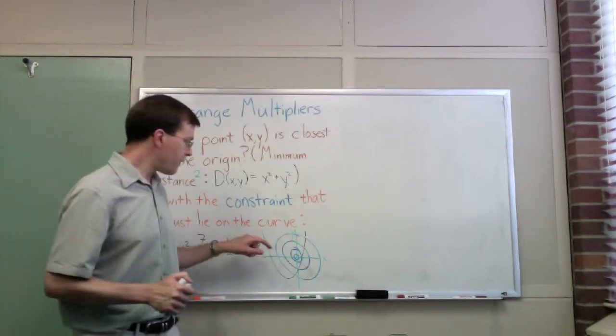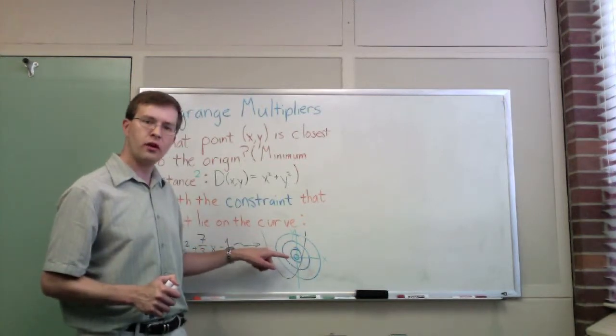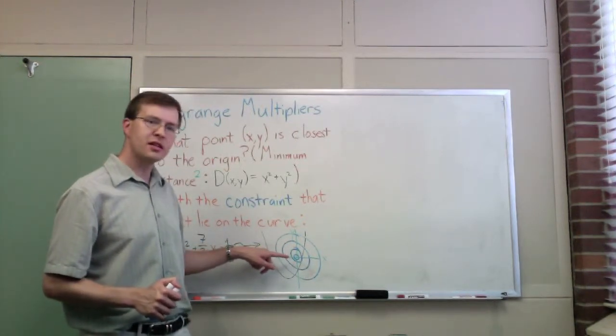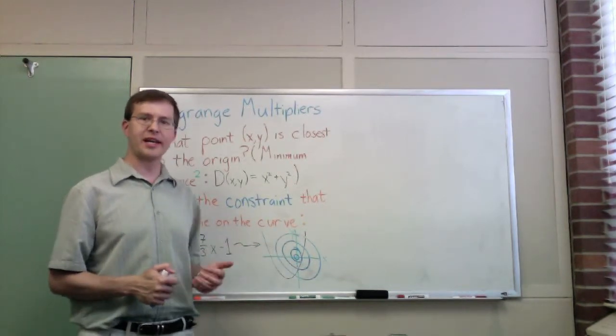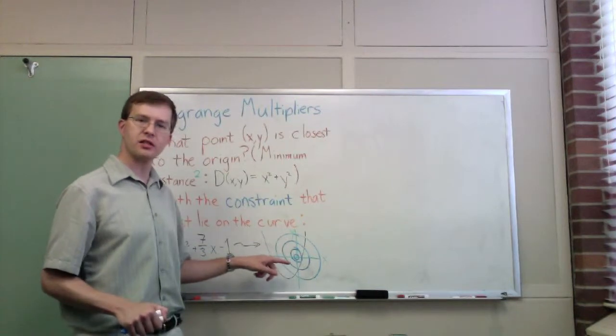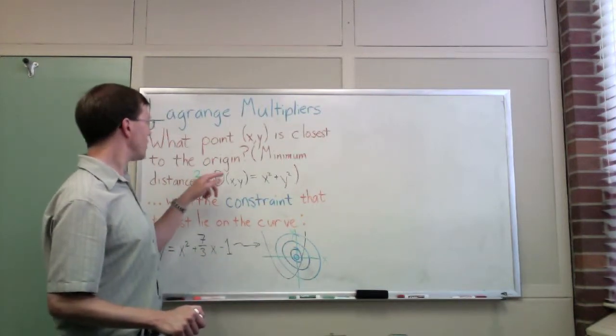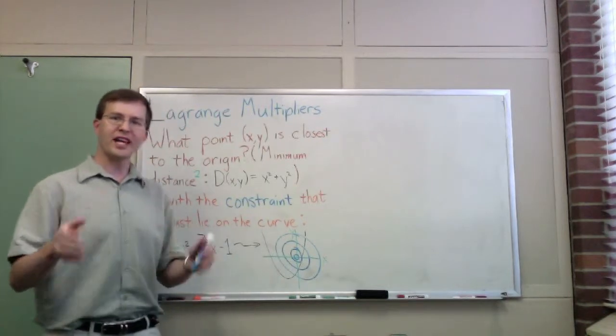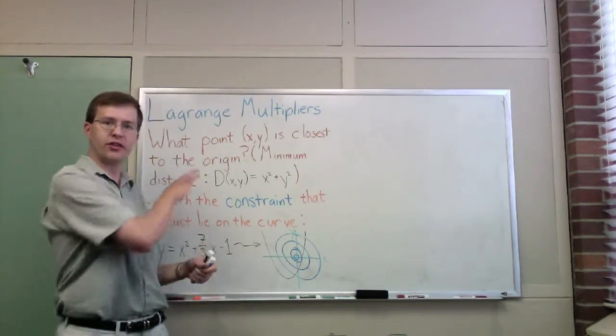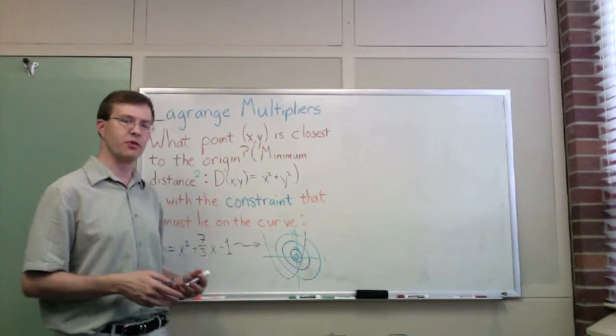So the very first circle that touches that parabola is going to be the one whose radius is the distance I care about. And the point where it touches is going to be the point where the parabola comes closest to the origin. Hopefully that's intuitively clear. Again, this is why I like the visual examples for first learning about Lagrange multipliers.